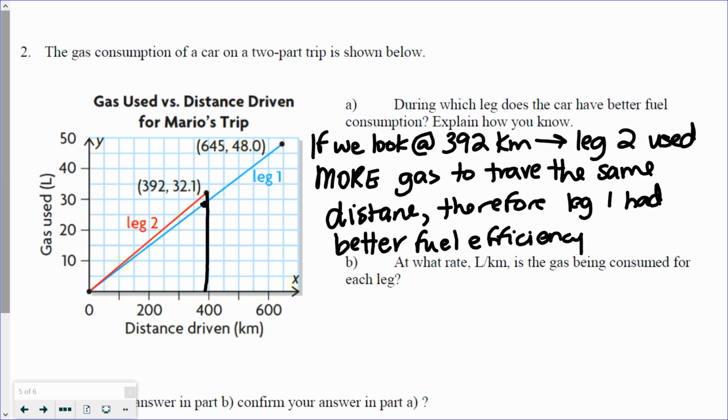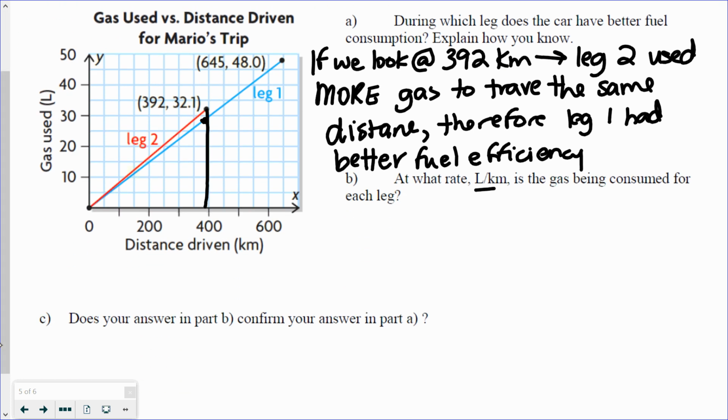So question B says, at what rate in liters per kilometer is the gas being consumed for each leg? Actually, when you're buying a car, they sometimes give you stats like this, either liters per kilometer or kilometers per liter. They give you two very different pieces of information, and you want to think about which of them, but it's saying liters per kilometer in this case.